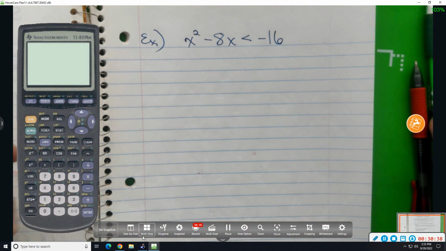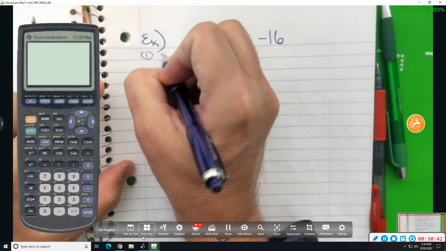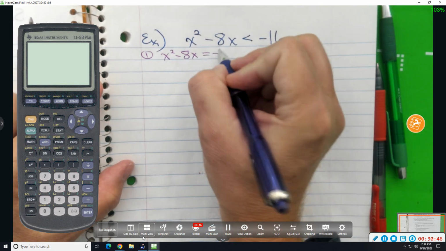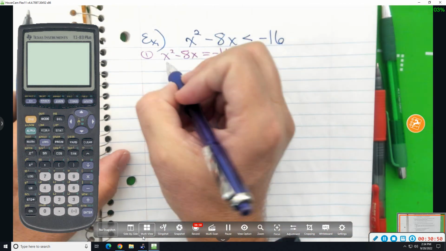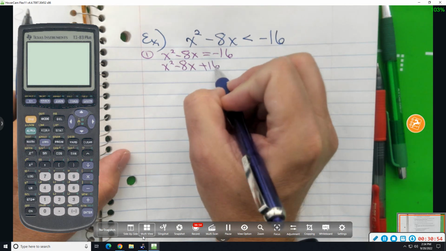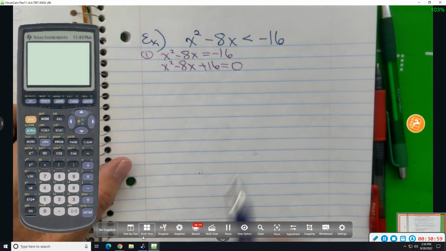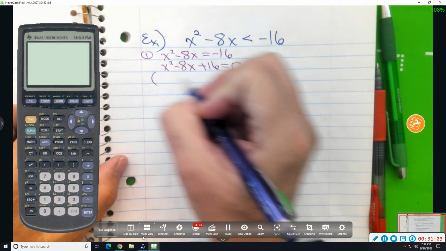So, here's step number 1. x squared minus 8x is equal to negative 16. And then we can add the 16 to both sides. Because this is a quadratic equation, so either factor it or use the quadratic formula. I'm going to factor this.